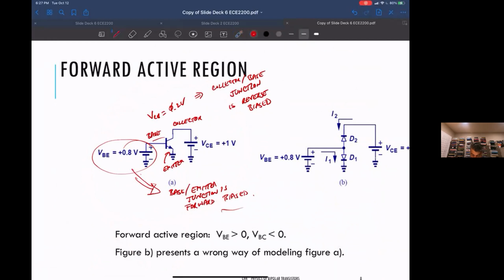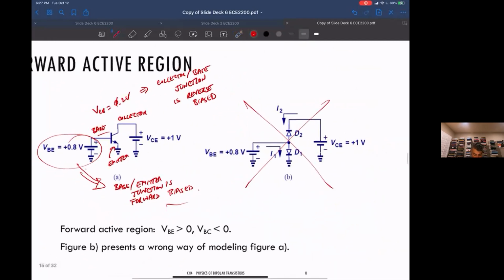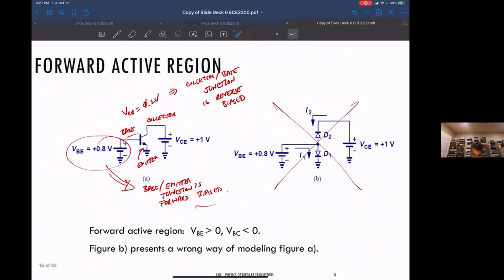Now, again, the slide is saying this is not the way to look at how this transistor will actually work. Don't think of it as 2 back-to-back diodes, because the 2 junctions, the collector-base junction and the base-emitter junction, are interacting with each other in a really important way.